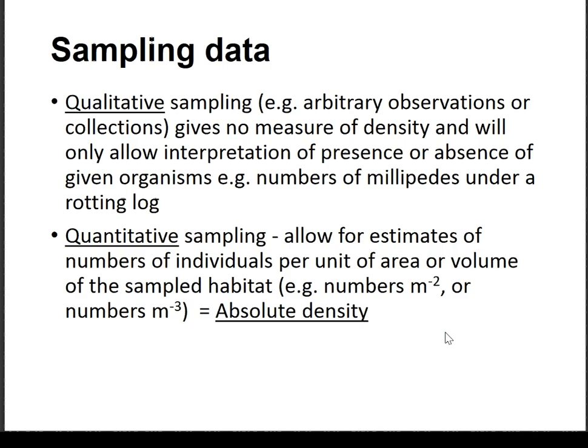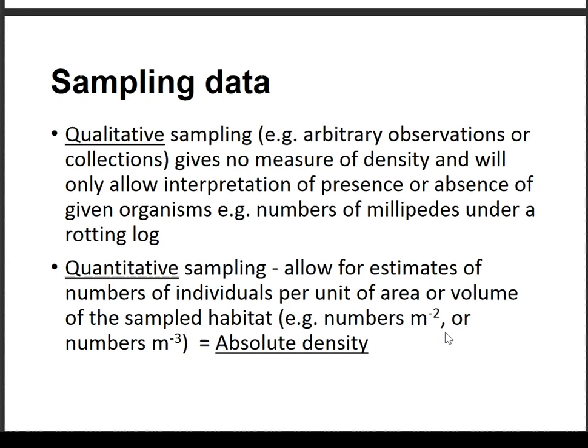I should point out that there are 2 different types of sampling that you can do, either qualitative or quantitative. Qualitative sampling is much more arbitrary, and you can't get any measure of density. Quite often, if you're only interested in species presence or absence, qualitative sampling is all you really need.